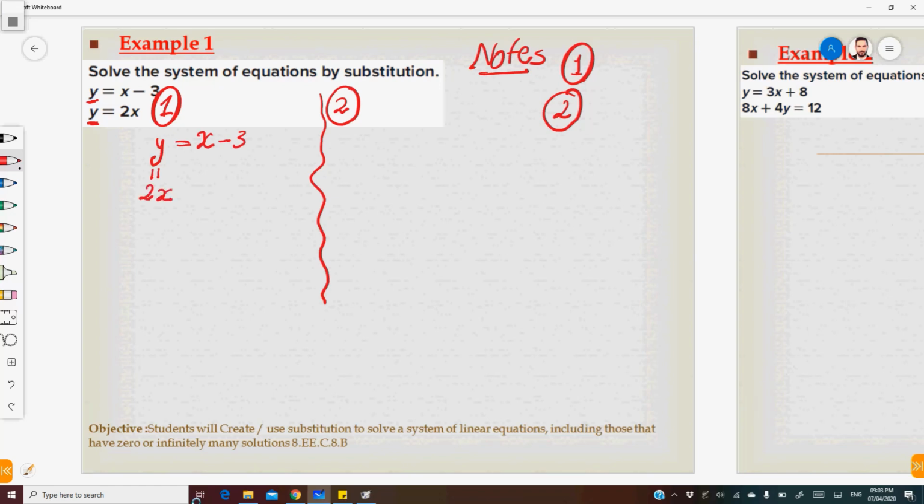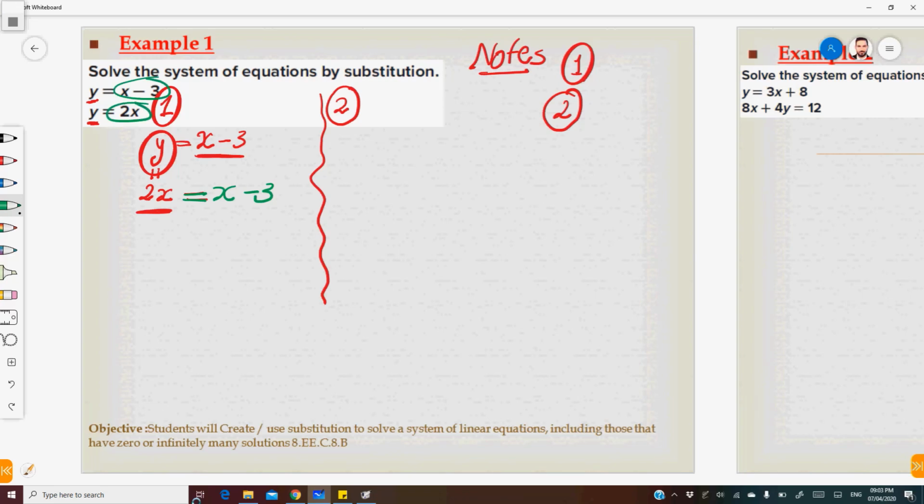What do you think, guys? Yes, here I have y as a common letter between these two equations. Correct. So what I'm going to do is write 2x equal to x minus 3. Yes, correct. Here 2x is equal to x minus 3.